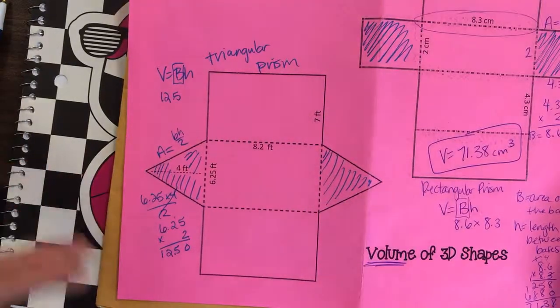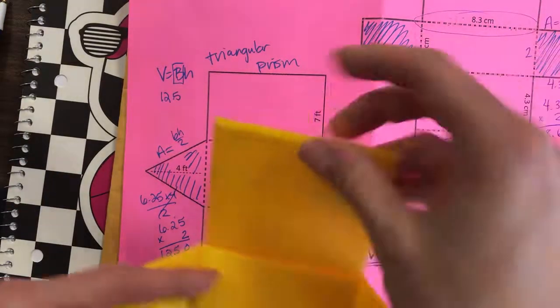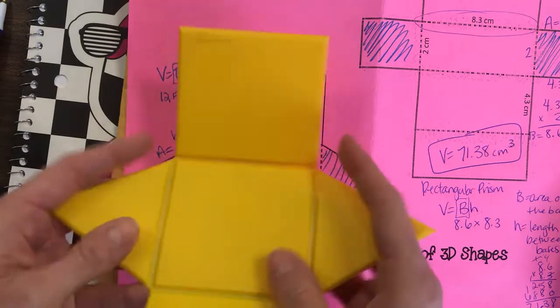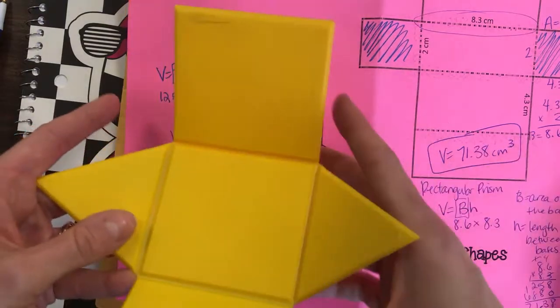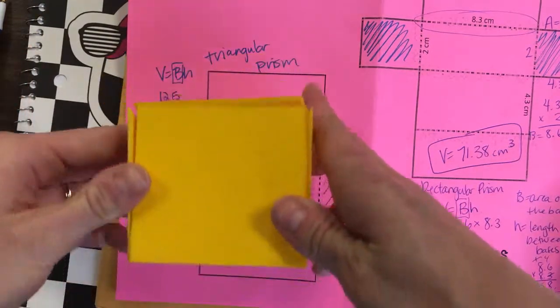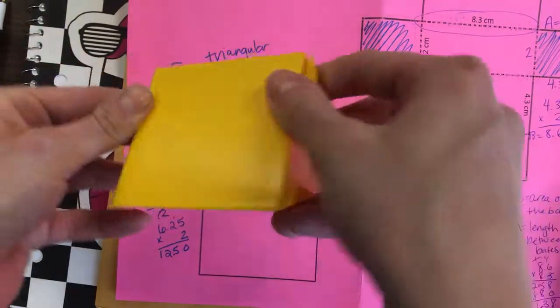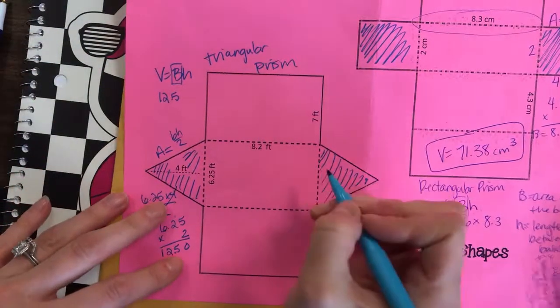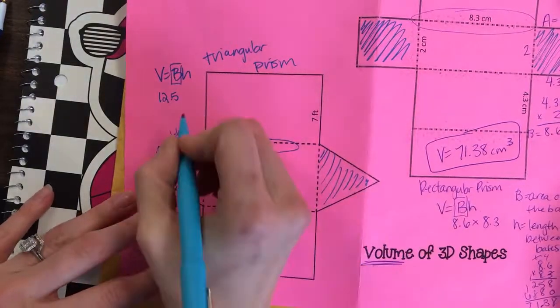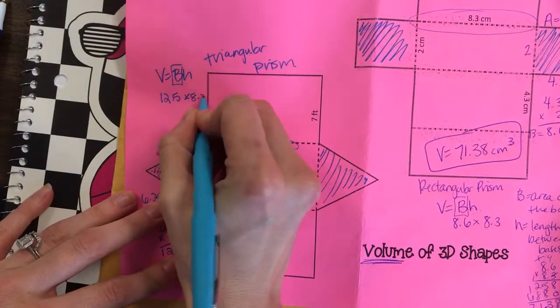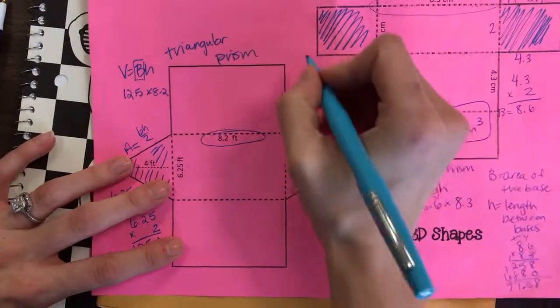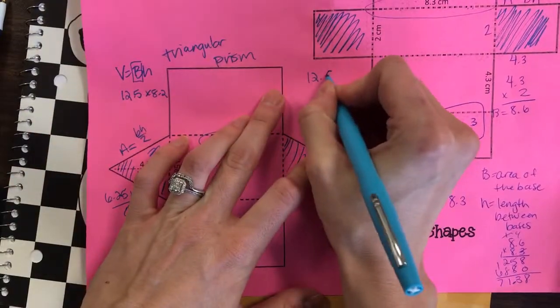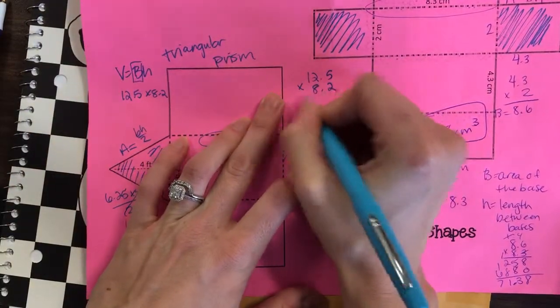And then the height, so again, I want the height of the whole prism. So the length between my two bases, between those two triangular sides. So that's gonna be 8.2. So 12.5 times 8.2.